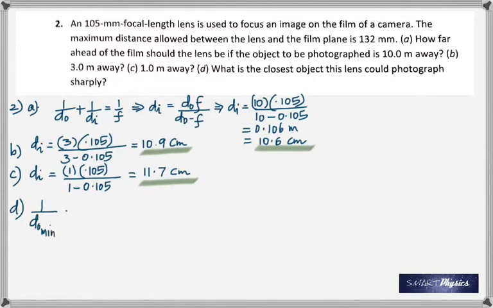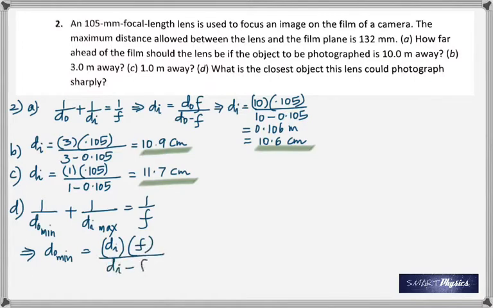Once again, we go to the lens formula, but now DO takes the minimum value. That means DI takes the maximum value. And the DI maximum is 132 millimeter there. So find DO minimum with that maximum value.